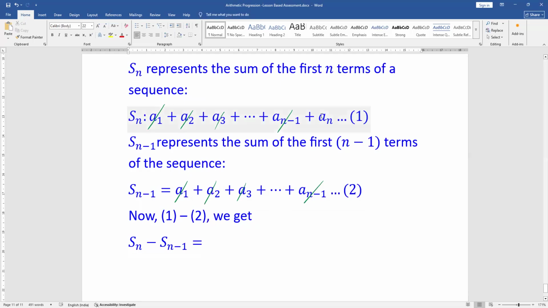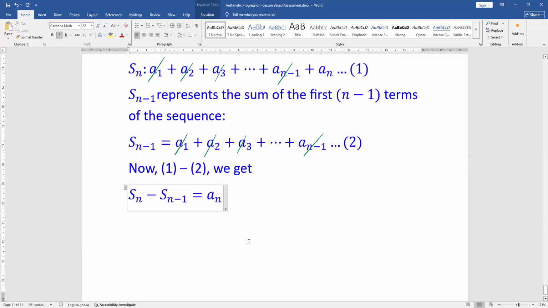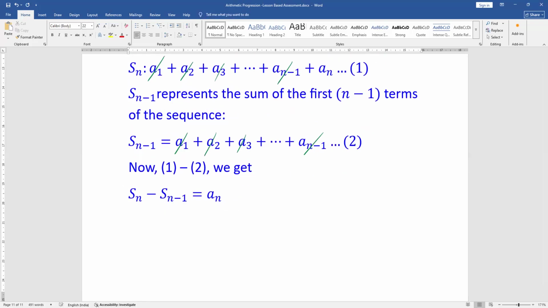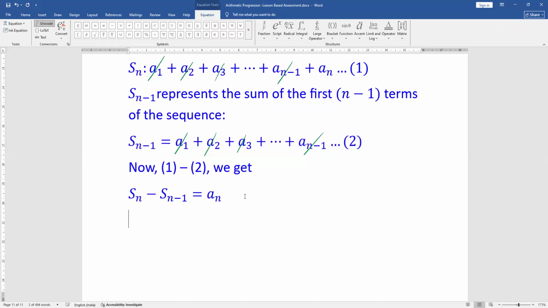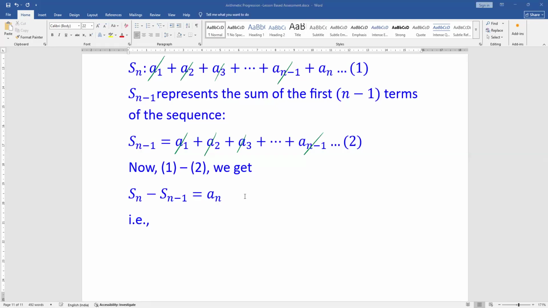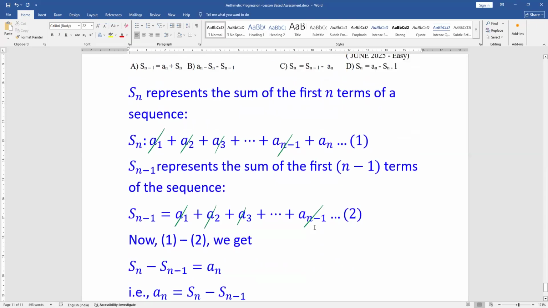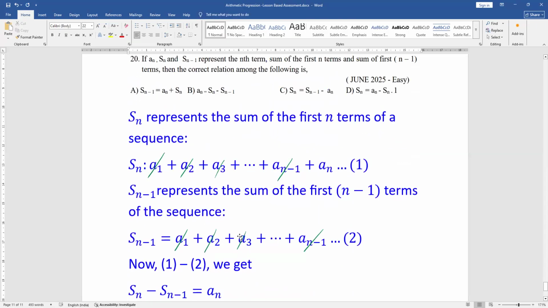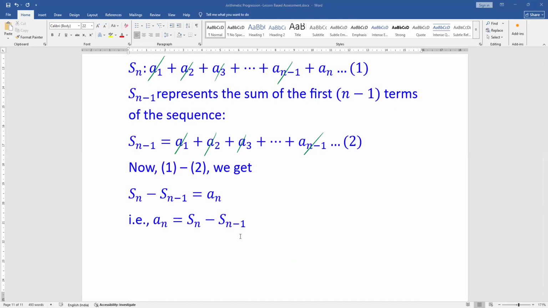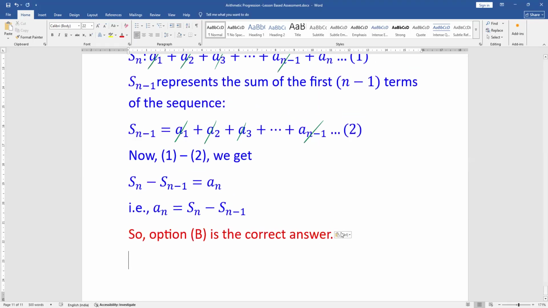On the right hand side, you will be left with only An. Okay, so now I will show this in the next step. That is, An equals Sn minus Sn minus 1. Now let us see which option this matches. Sn minus Sn minus 1 equals An matches option B. So option B is the correct answer.